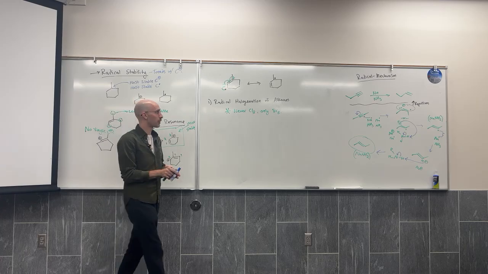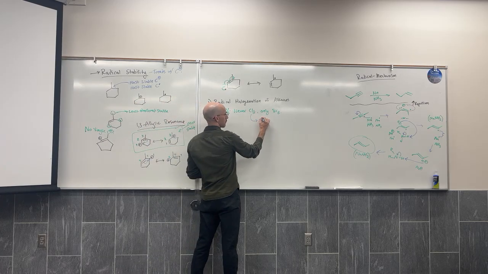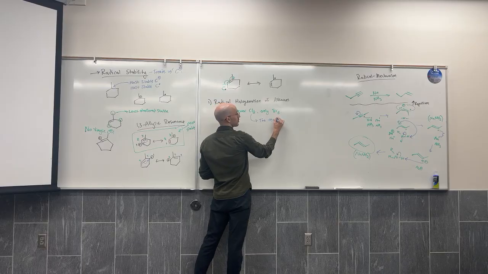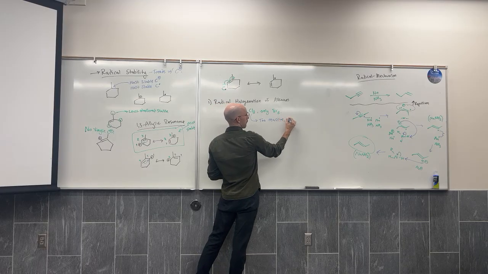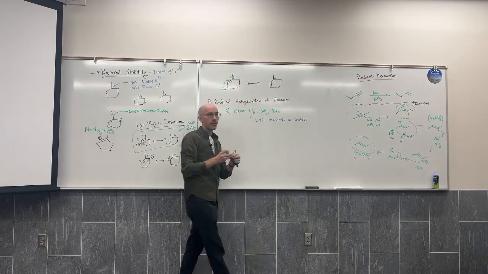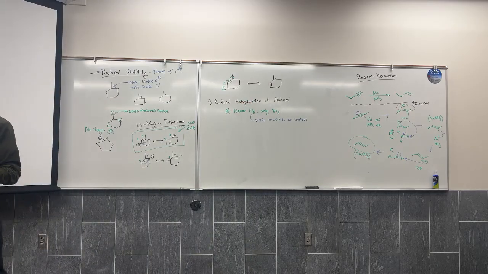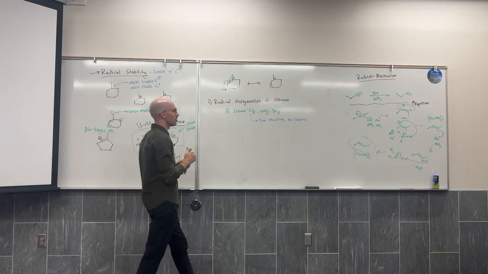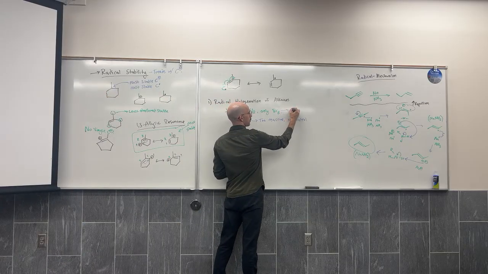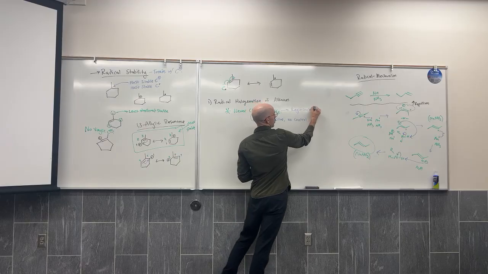Chlorine is too reactive, can't be controlled. Is this the top middle one? Yes, it is, direct, straight up. There's no regio control with chlorine, so we don't use it. But bromine is just reactive enough that it gives us regio control.